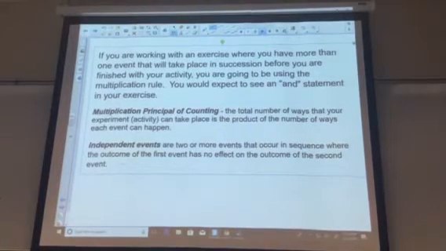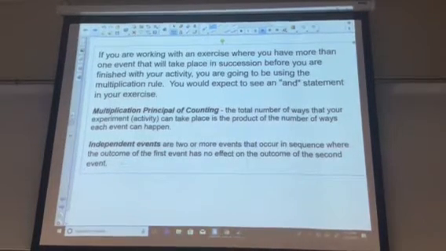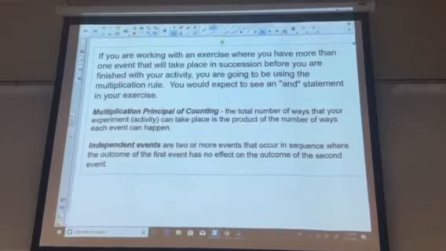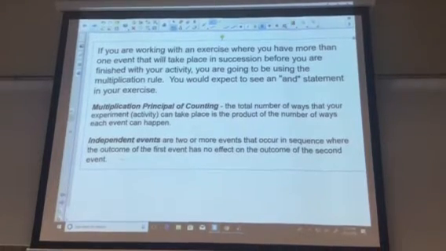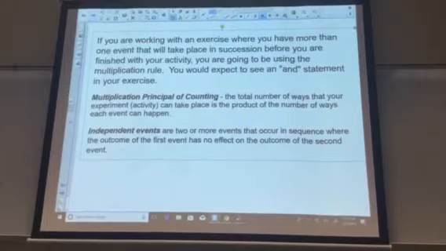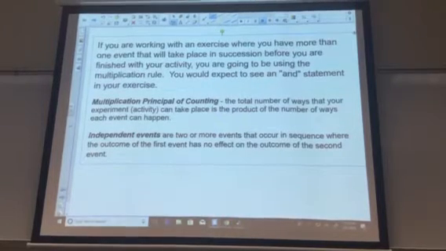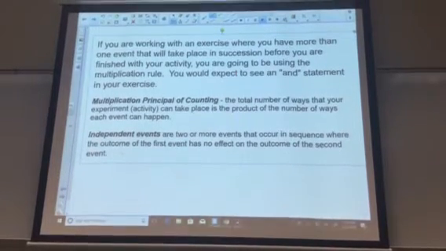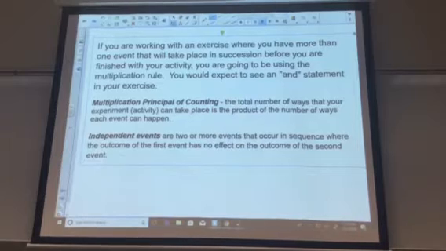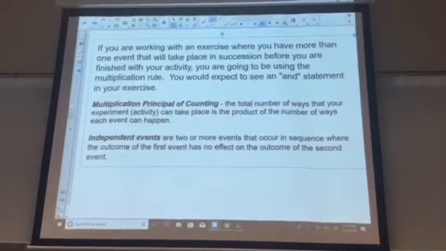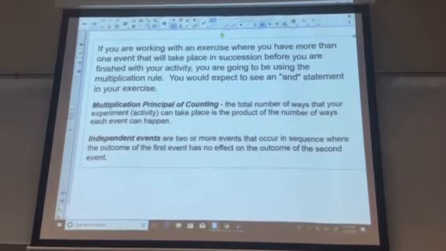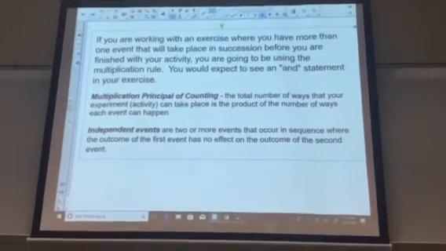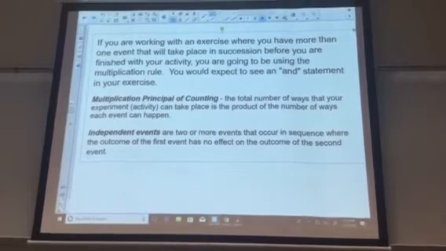The multiplication principle tells us that we're going to take the total number of ways that your experiment can take place, that your activity can take place, for each item, and we're going to multiply those together. If they're independent events, then event number 1 doesn't have anything to do with event number 2.